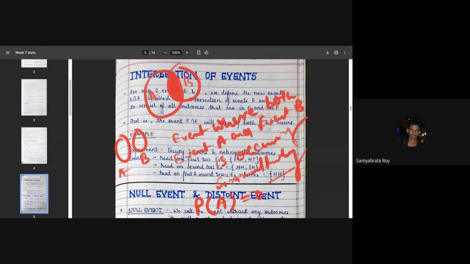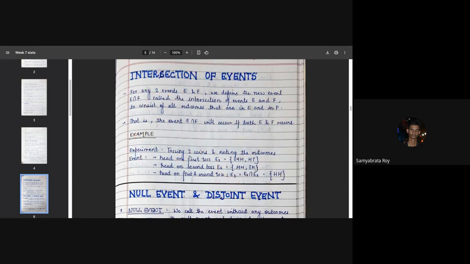Let's take an example. Suppose a final match is being played between India and New Zealand. There's no possibility that India and New Zealand are winning simultaneously. So these types of events are called disjoint events.